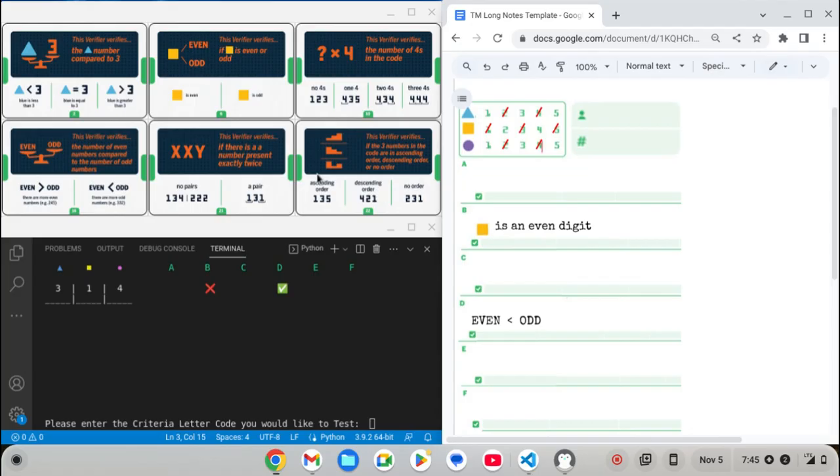Now, what would happen if you had a pair of digits, for example, say 3 and 3, then it would go, say, from 3 to 2 or 4, and then back to 3. So that would mean that if you had a pair of digits, it would have no order. And so that would make this criteria card irrelevant.